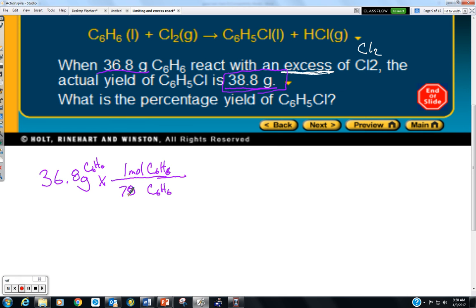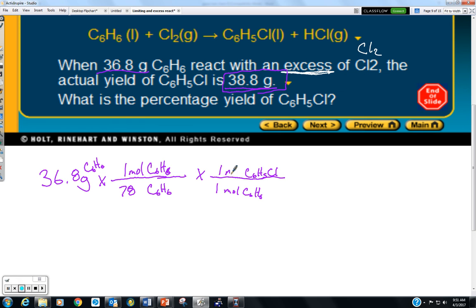Yep, 78. All right. Now, what's my next step? Going from benzene, so I have 1 mole of benzene, C6H6, and I'm going to chlorobenzene, C6H5Cl.